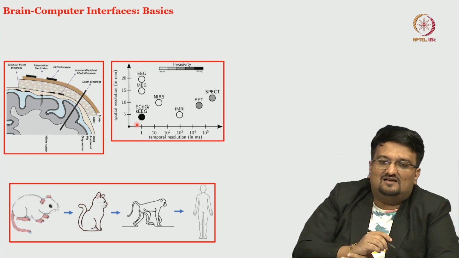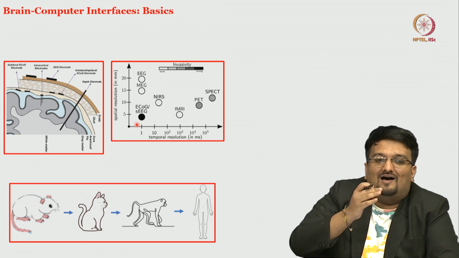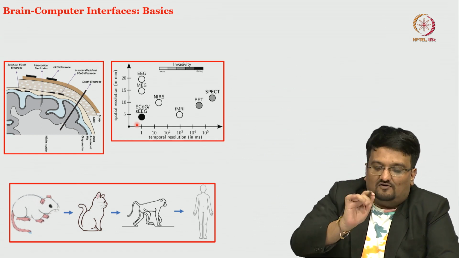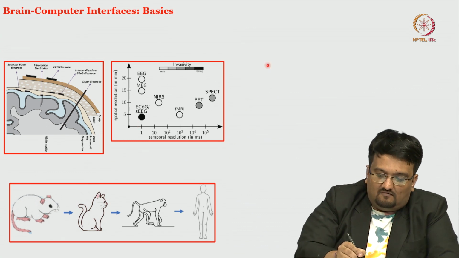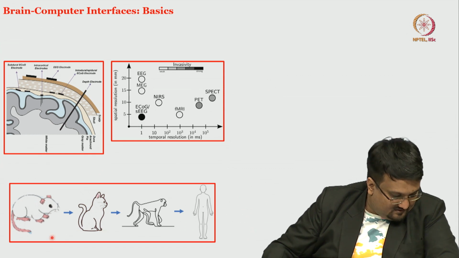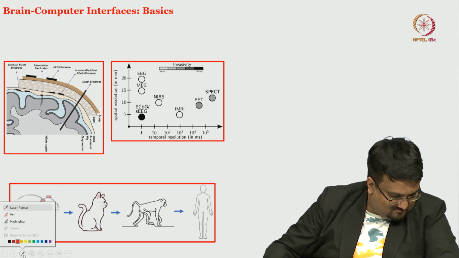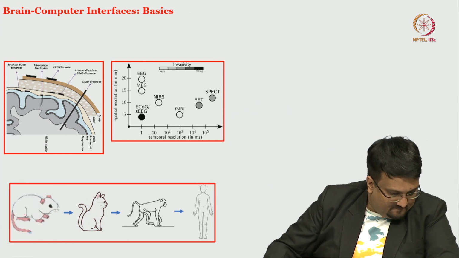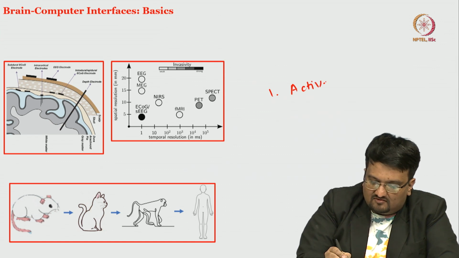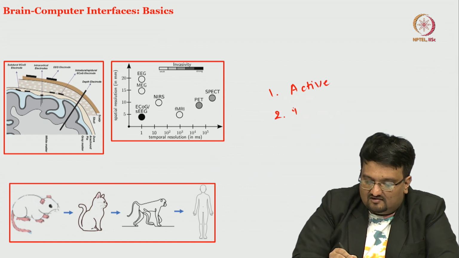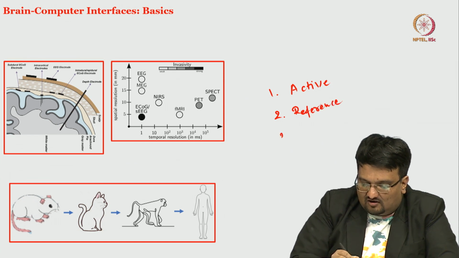A very simplistic example I am giving for now is, if you are recording your EEG from here, first of all, to record any biopotential, you require 3 electrodes. One is the active electrode, second one is the reference electrode, and third one would be the ground.